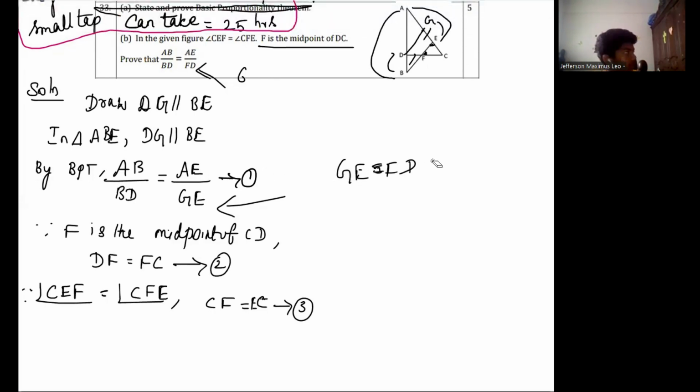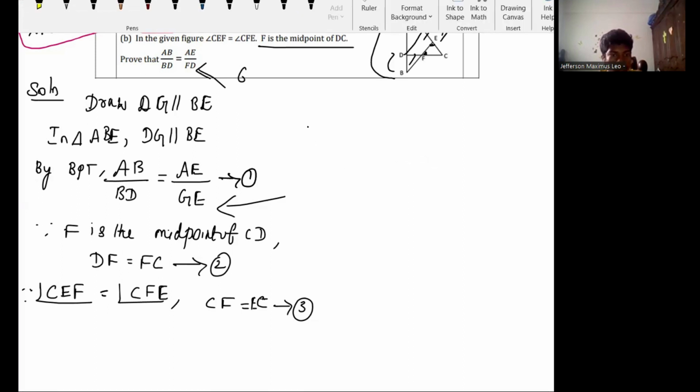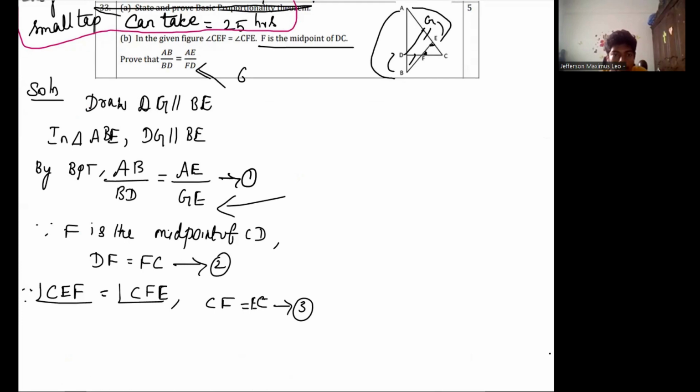So in 9th grade we have the midpoint theorem. Can you remember the midpoint theorem statement? Yes, ma'am. Actually, in the data, F is a midpoint, and that will give a result. From the construction we bring another result. Then two angles are given equal, so we bring the isosceles triangle result. Correct?